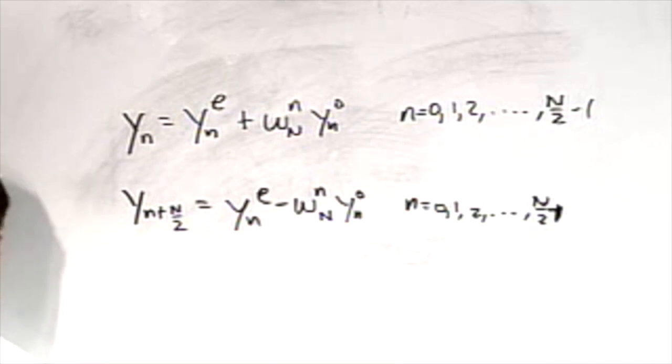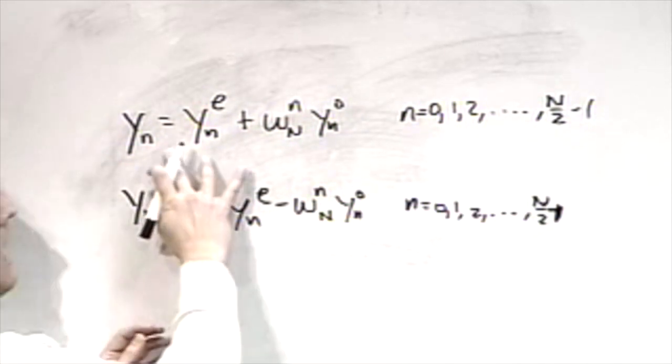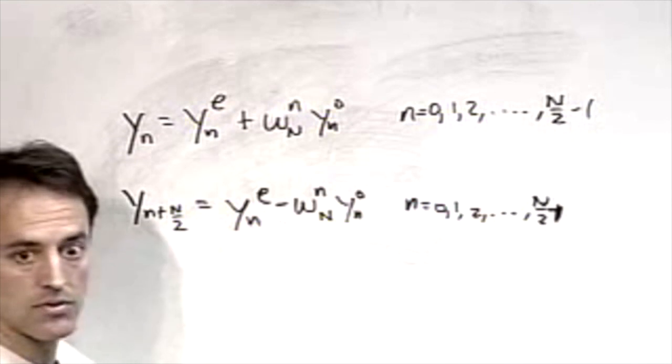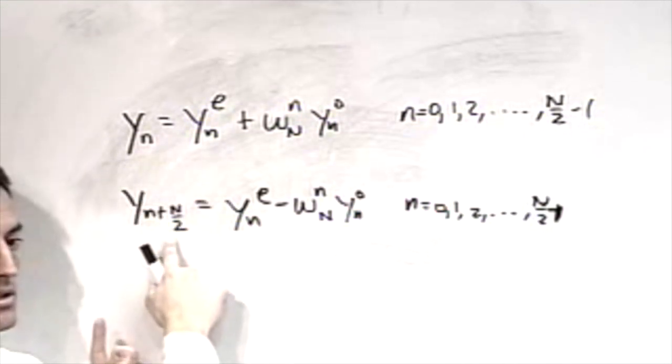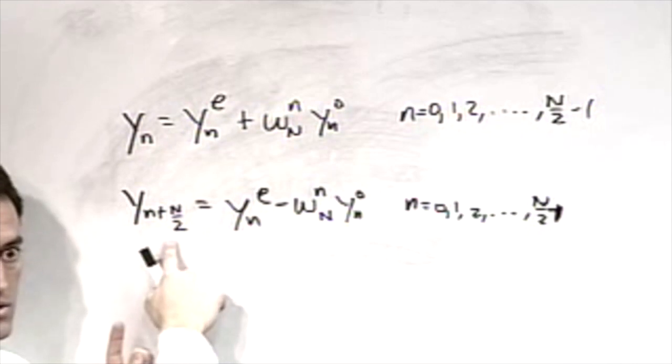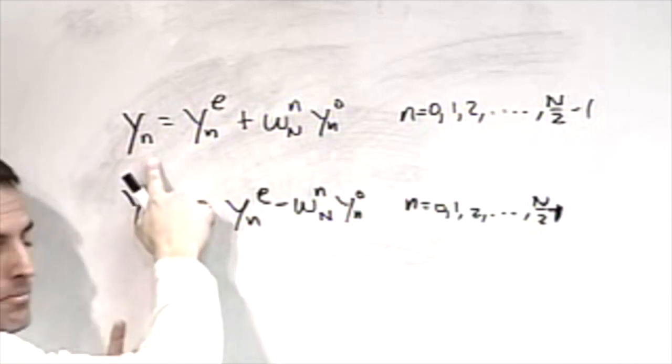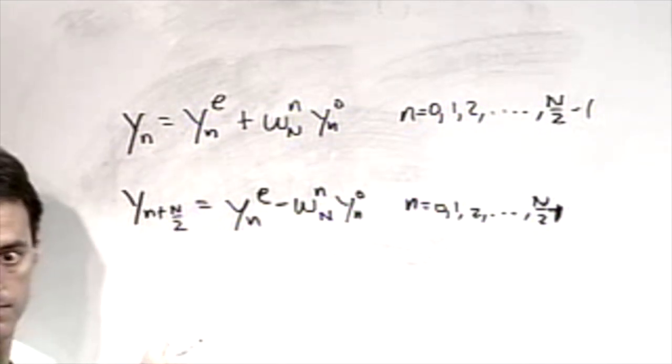Here's the other half. So you see what happens is to get back all your components, you're adding these and then you're subtracting these. And notice how it separates it. First n over 2 components, next n over 2 components.